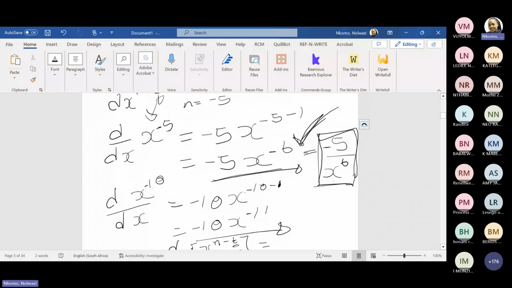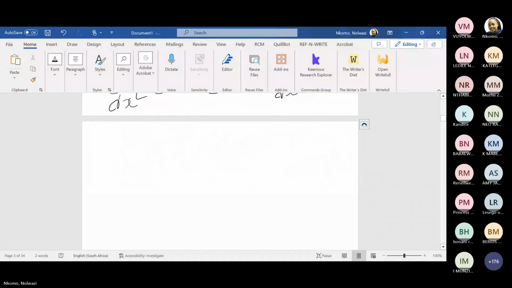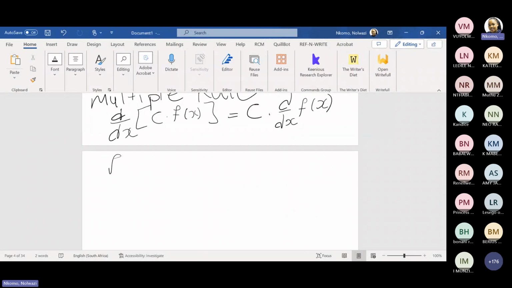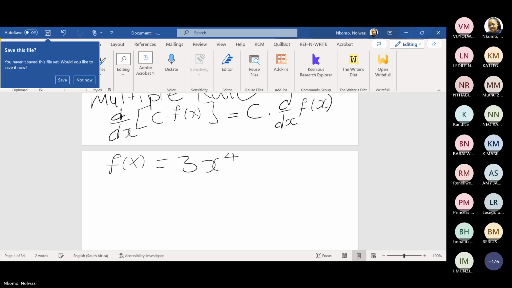Okay, let's do an example. Remember, I said we are coming to this rule. Say you are given f(x) equals 3x to the power 4. We know that 3 is a constant.